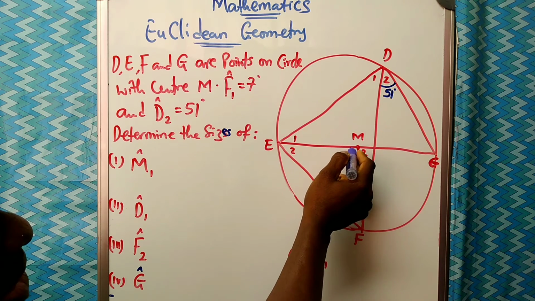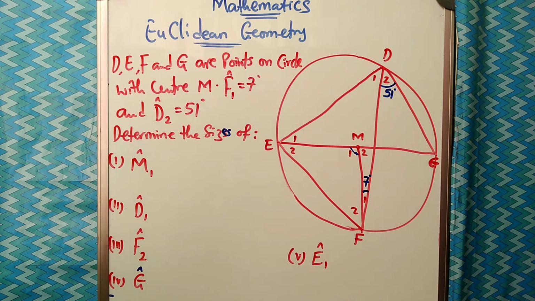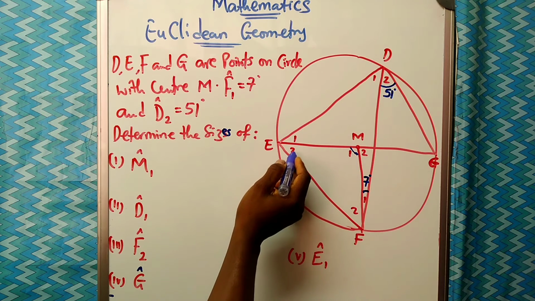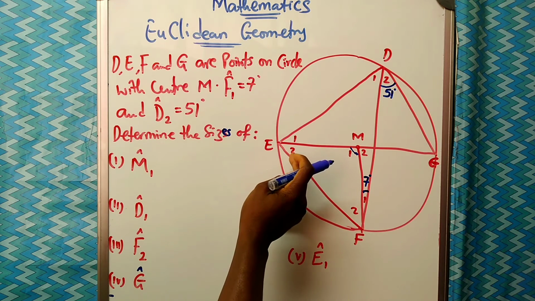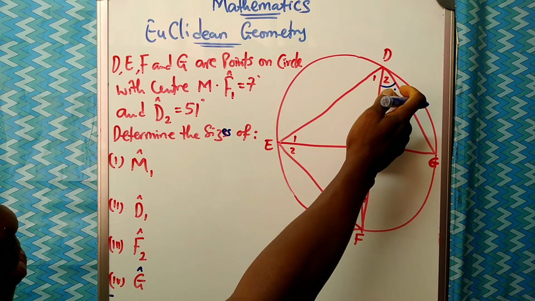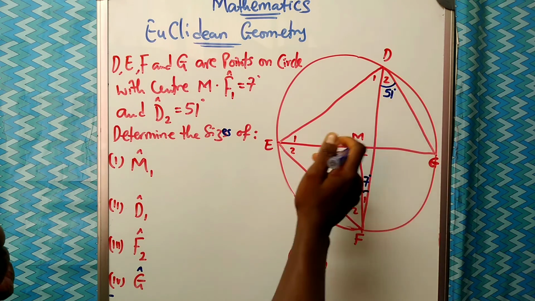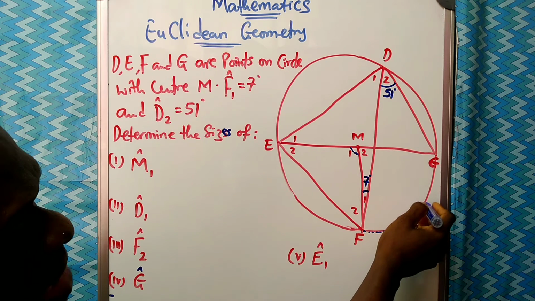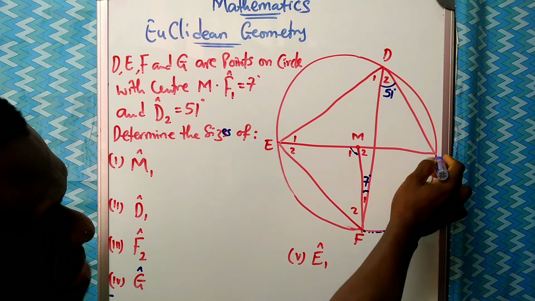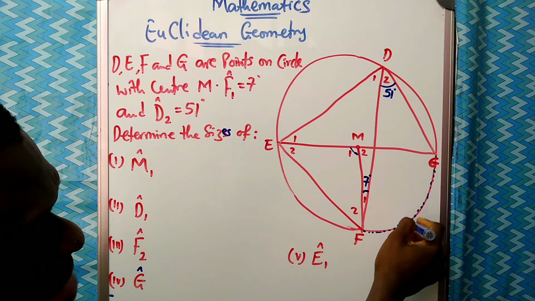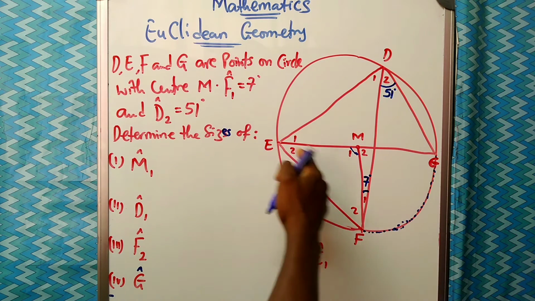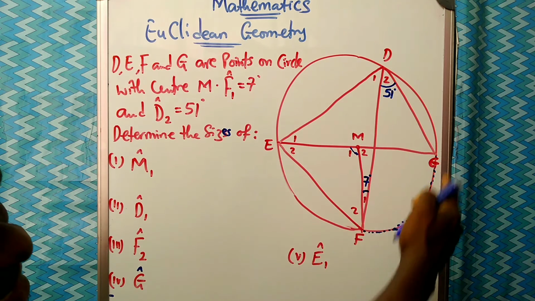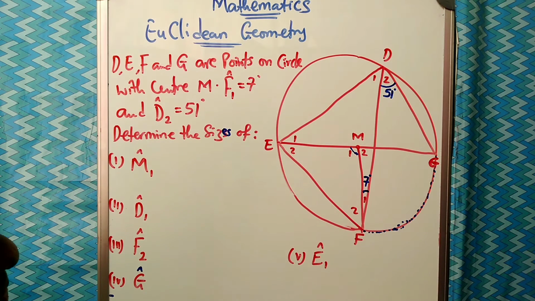First and foremost, we can look for E2, because E2 is also very related to D2. E2 is related to D2 because they are subtended by the same arc. An angle in the same segment subtended by the same arc or chord are equal.